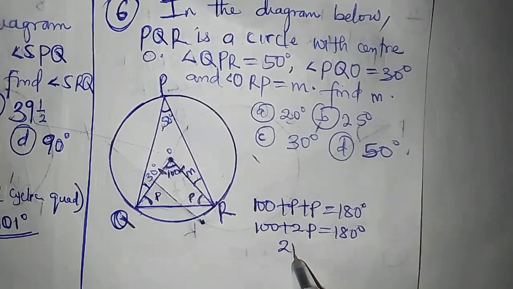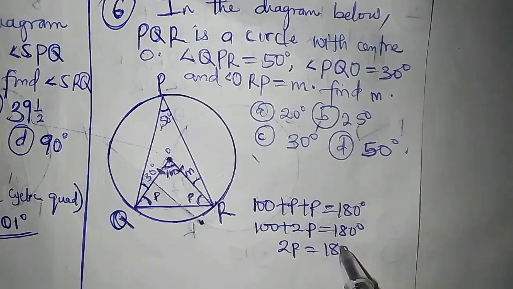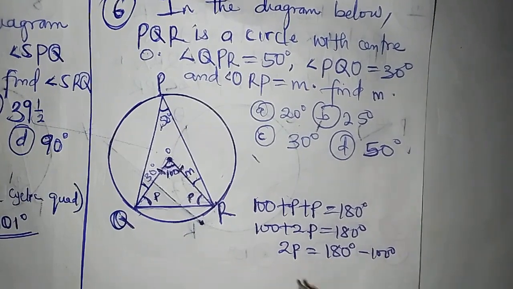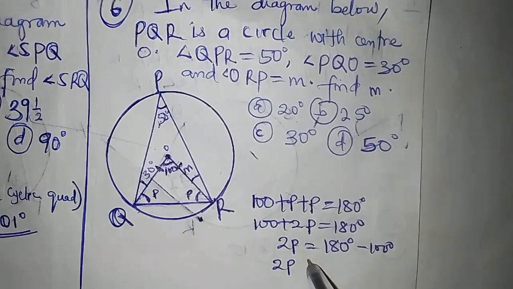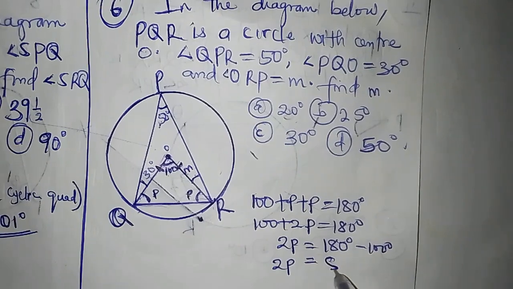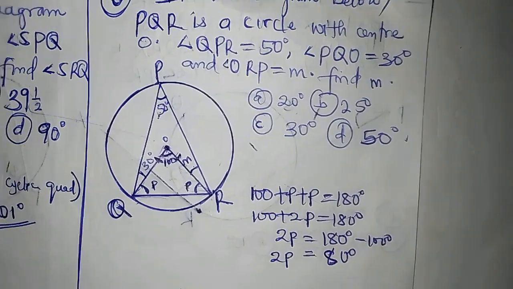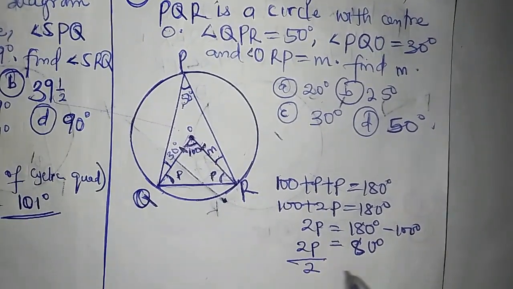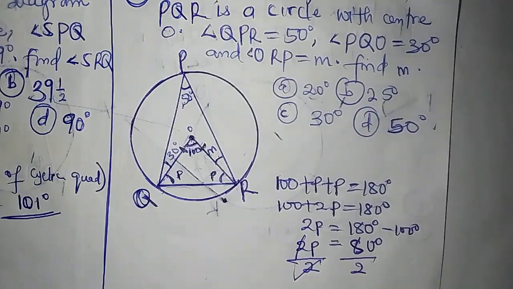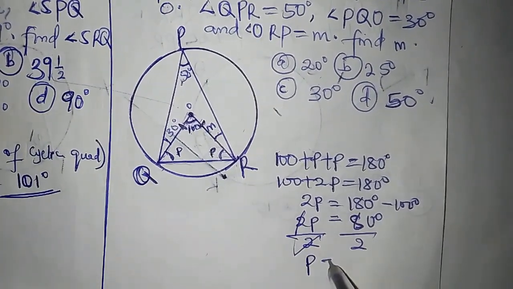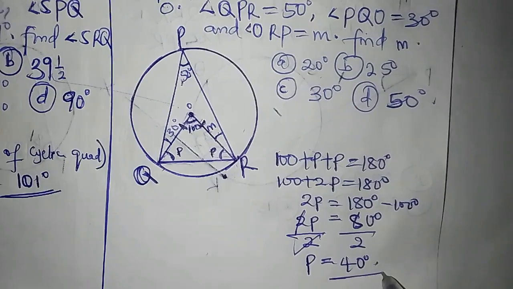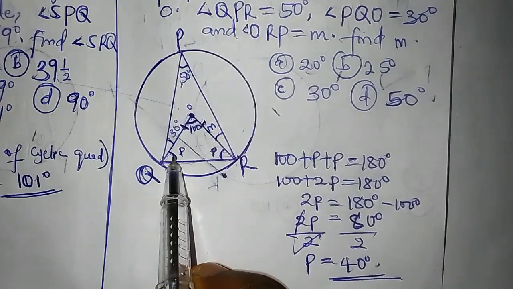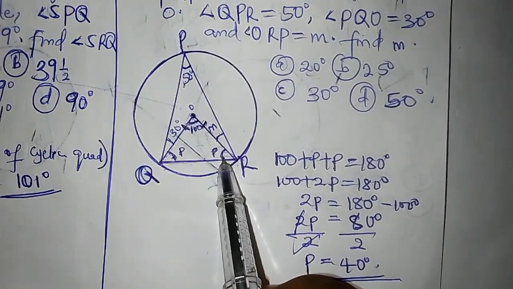Then 2P is equal to 180 degrees minus 100 degrees, and that will give us 80 degrees. So to get the value of P, divide both sides by 2. 2 cancel 2. It means that P is equal to 40 degrees. So P here is 40, P here is also 40.